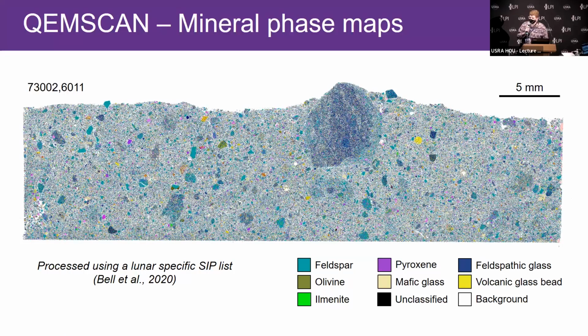ChemScan's originally designed for the mining industry, so as you can imagine, there's a lot of minerals in their predefined list that aren't really essential or applicable to lunar samples. So we removed a lot of those, and then were really able to go in and tailor a lot of the compositions specifically to lunar samples. Especially, we did a lot of work on the glass compositions in particular.